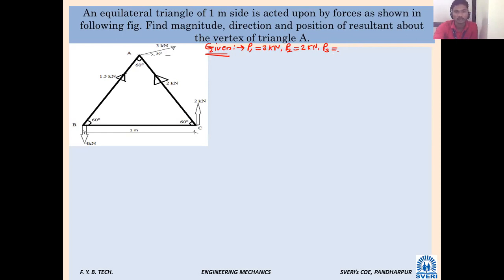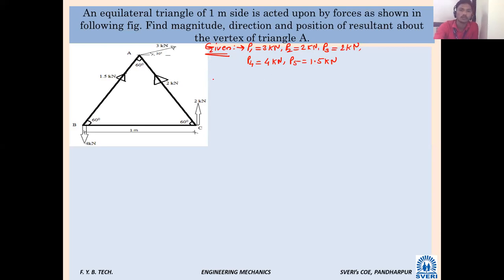There are two forces of 2 kilonewton. That vertical we will assume as the third one. Then P4, 4 kilonewton. And after that P5, 1.5 kilonewton.